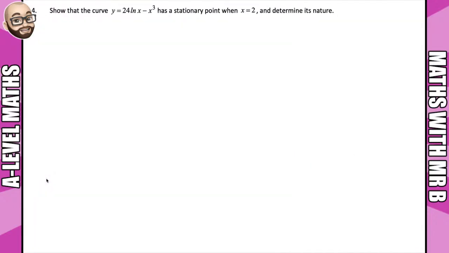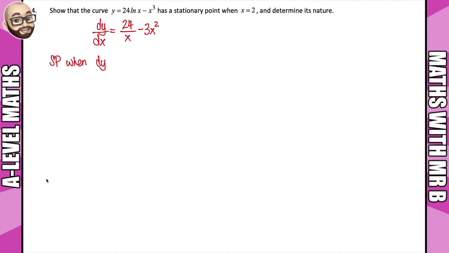And for our final example, we now need to show that the curve y equals 24 ln x minus x cubed has a stationary point when x is 2, and then work out if that point is a maximum or minimum. So let's start off by doing dy dx and going from there. So if we differentiate 24 ln x, we get 24 over x. If we differentiate negative x cubed, we're going to get negative 3x squared. We should write down that it's a stationary point.